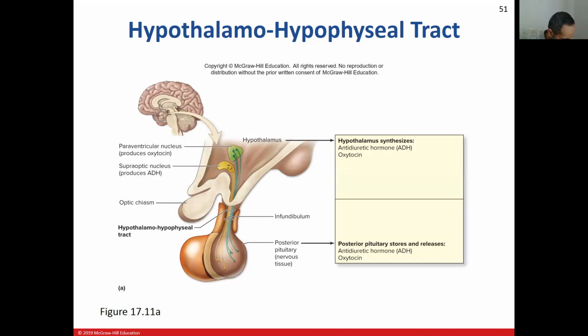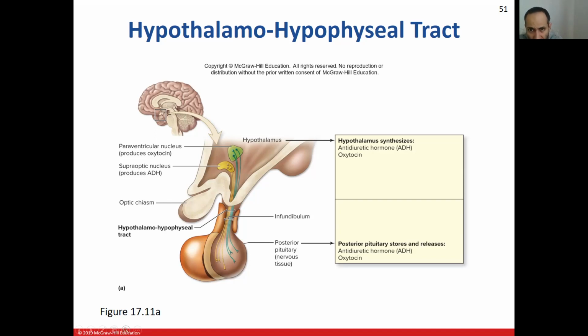So posterior pituitary is also called the neurohypophysis, while the anterior, the front part of the pituitary, is also called the adenohypophysis. Okay. All right. So what is secreted by each region? Okay, let's see.